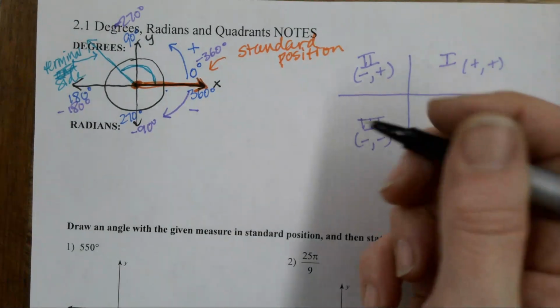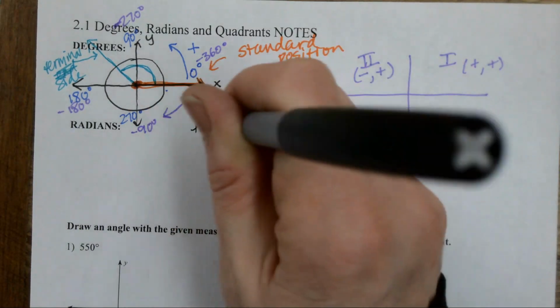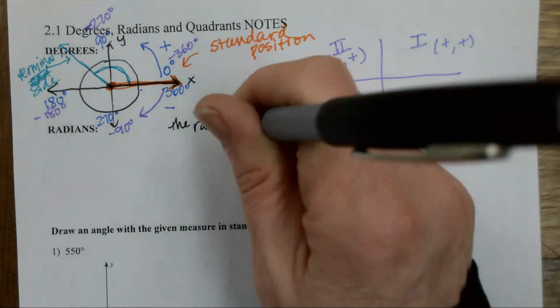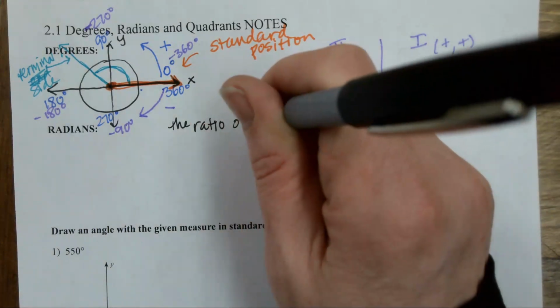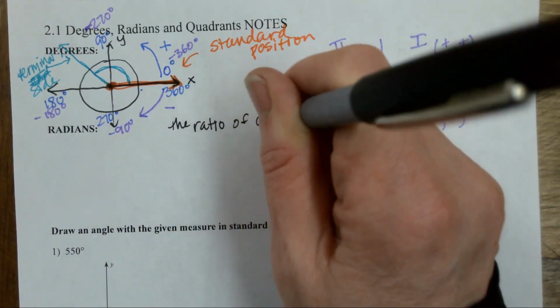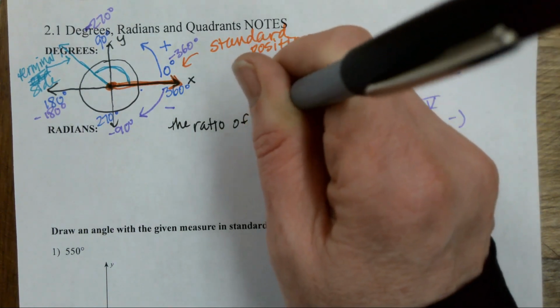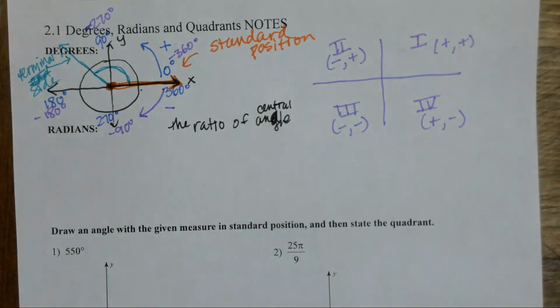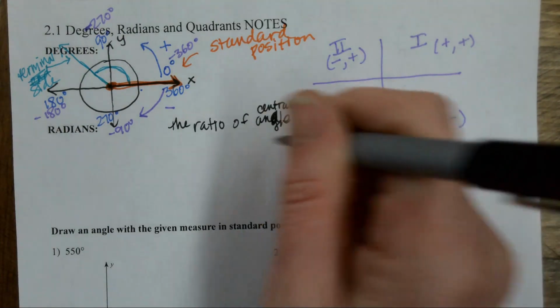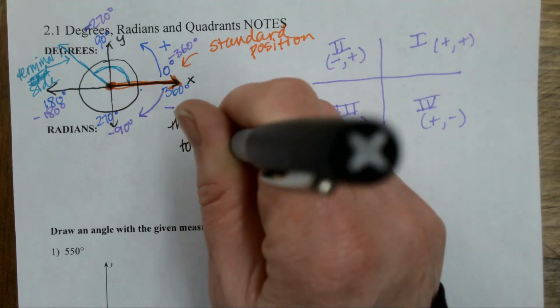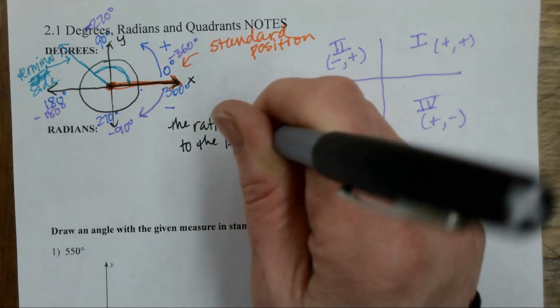And a radian is the ratio of the angle. Actually, I should be specific. That's the central angle to the length of the radius.